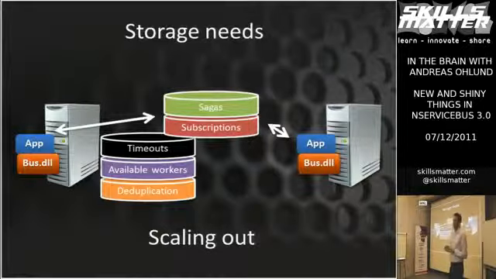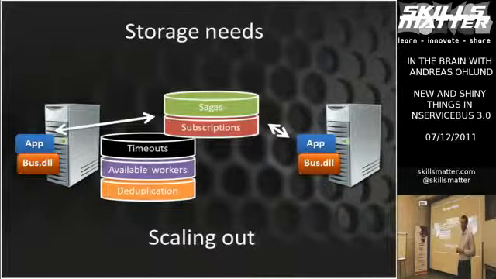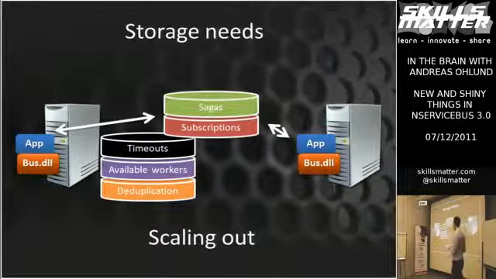And of course, they also need to share the saga state. So if they're both processing the same saga, we need to have the saga storage to make sure that we're not conflicting. So that kind of wraps up the storage need.